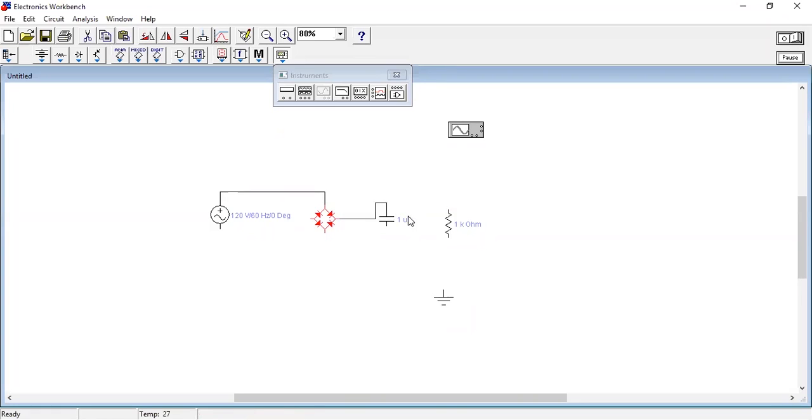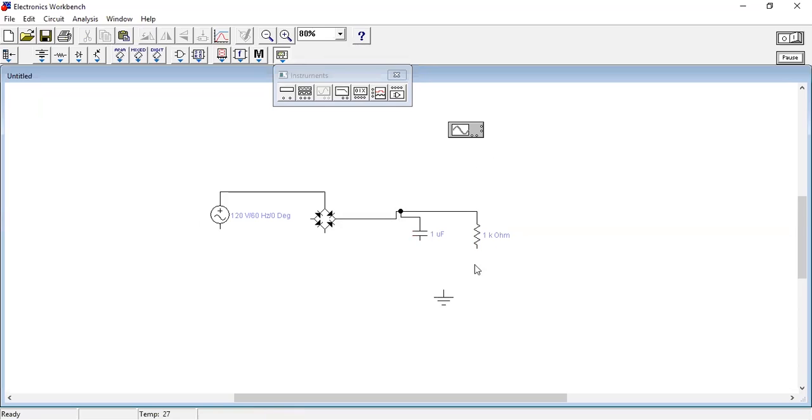The capacitor should be parallel to the resistance, and diode to capacitor and diode to AC source.